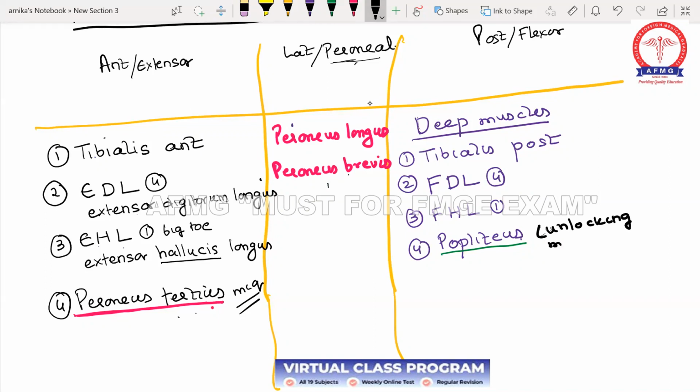I'll tell you locking and unlocking later on. These are the deep muscles.